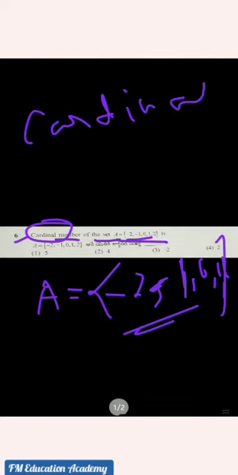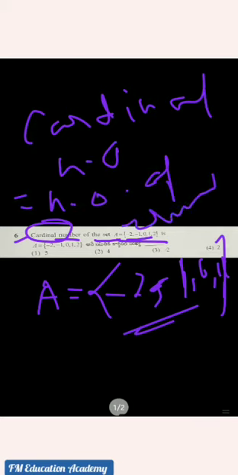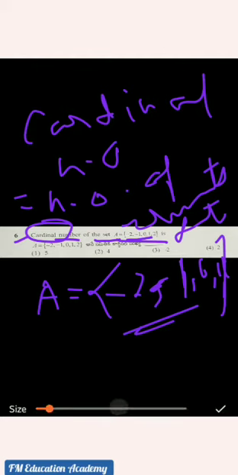So here if you see, you need to know the meaning of cardinal number, because it is asking us what is cardinal number of this set. See, cardinal number formula is: cardinal number is equal to number of elements in the set. So here the set is A, so we need to find out how many number of elements are there in set A.